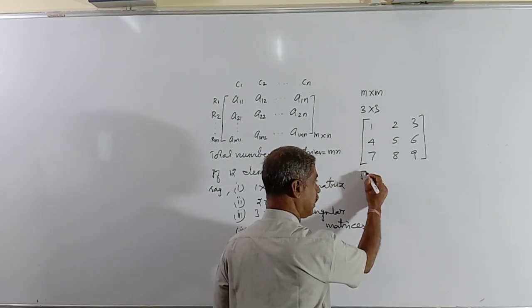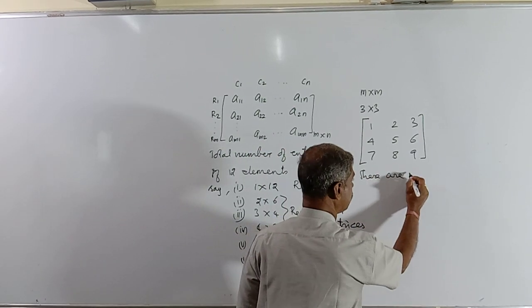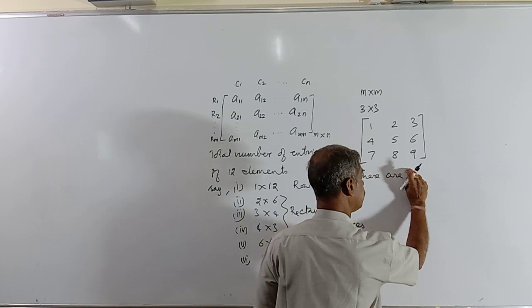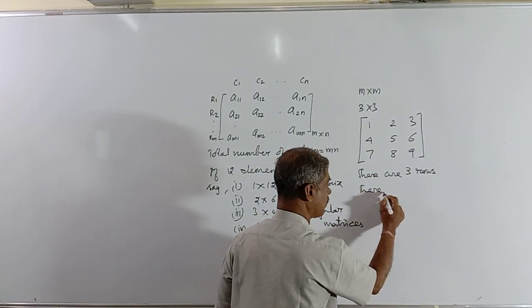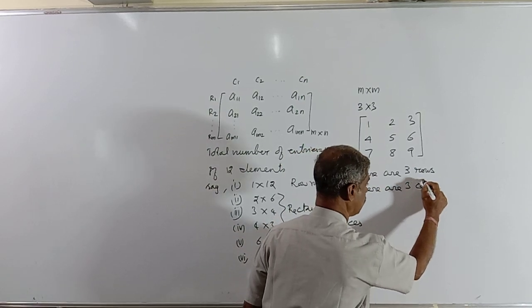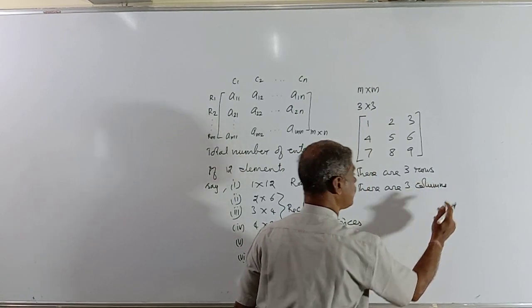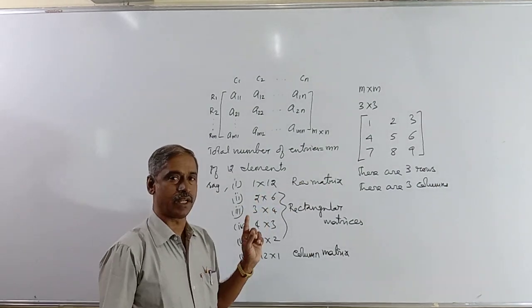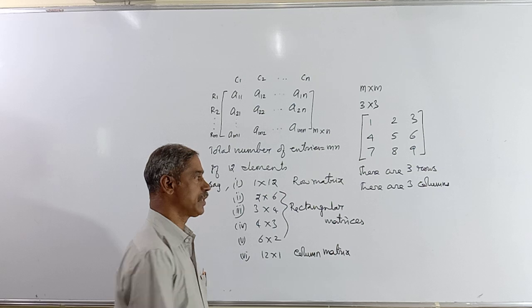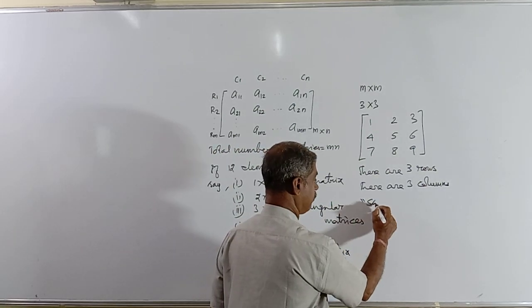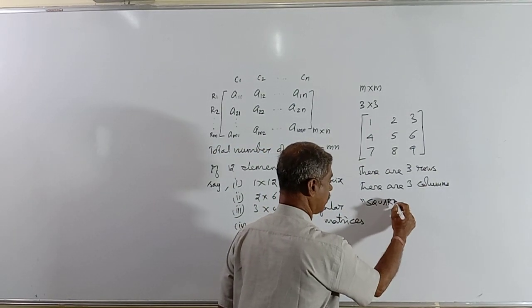There are 3 rows only, and there are 3 columns. In this, the number of rows and number of columns are equal, which indicates the matrix is of type square matrix. We call this a square matrix.